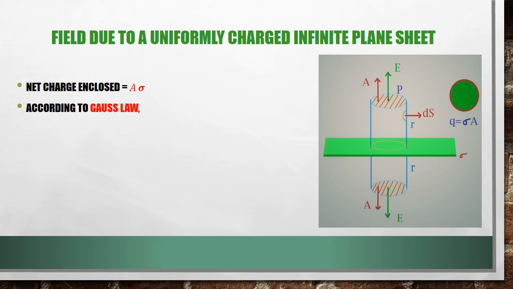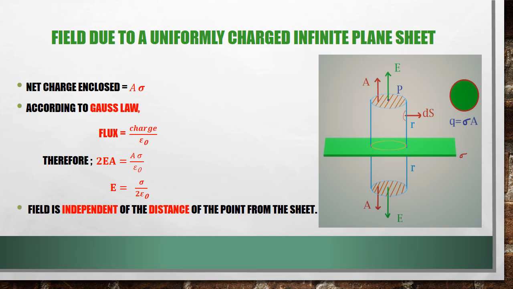According to Gauss's law, electric flux is equal to charge enclosed by epsilon 0. Therefore, 2EA equals A sigma by epsilon 0. Therefore, E equals sigma by 2 epsilon 0. Thus, the field is independent of the distance of the point from the sheet.